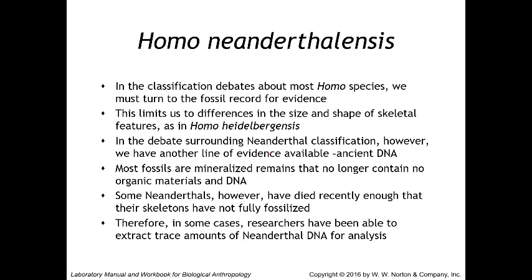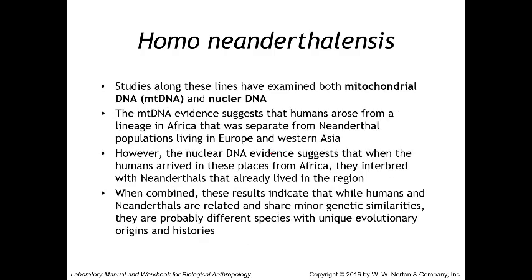So what this means is that in some cases, researchers have been able to extract trace amounts of Neanderthal DNA for analysis. Studies along these lines have examined both mitochondrial DNA and nuclear DNA. The mitochondrial DNA evidence suggests that humans arose from a lineage in Africa that was separate from Neanderthal populations that lived in Europe and Western Asia.